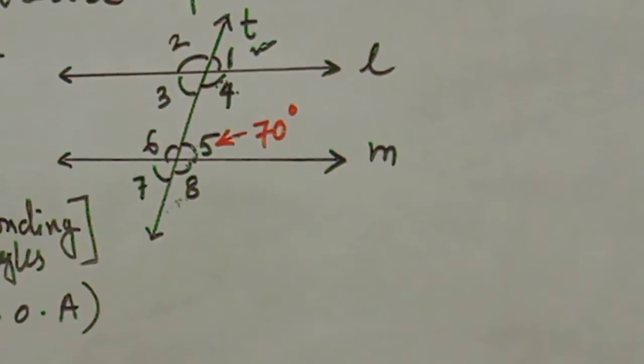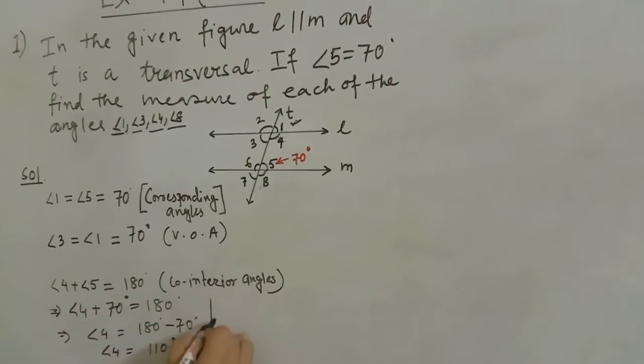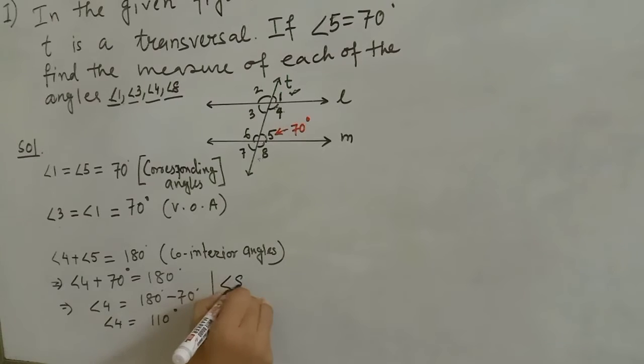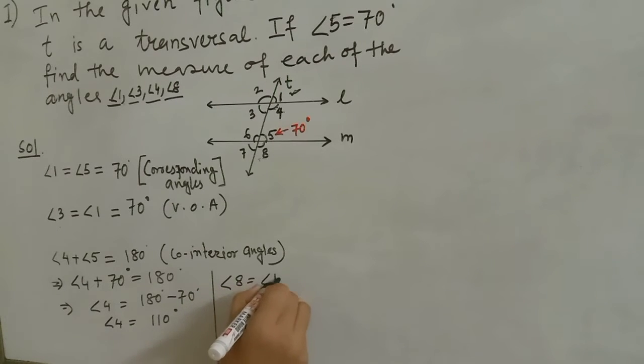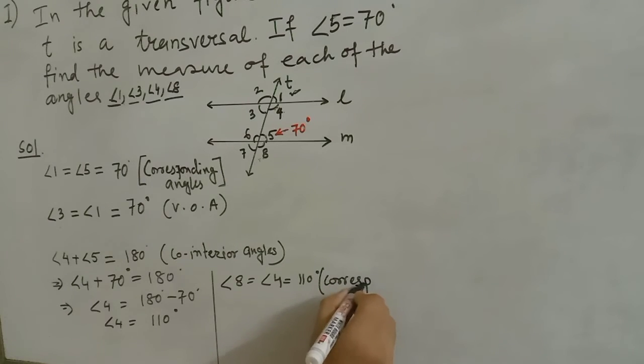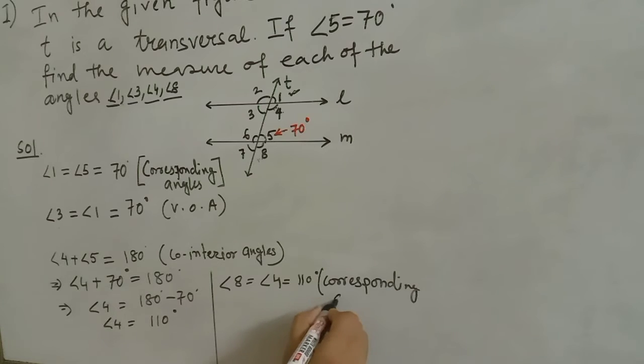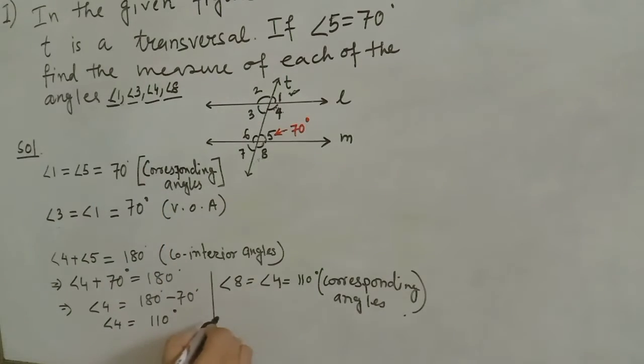Also we can write in this way that angle 8 is equal to angle 4, which is 110 degree, and the reason is they are corresponding angles.